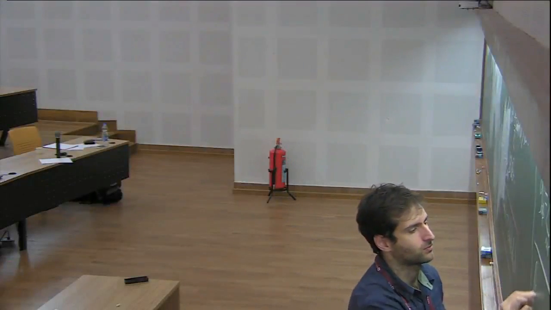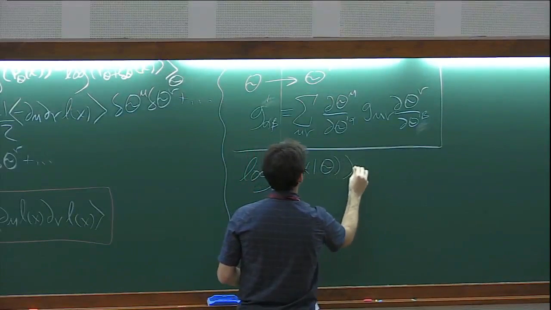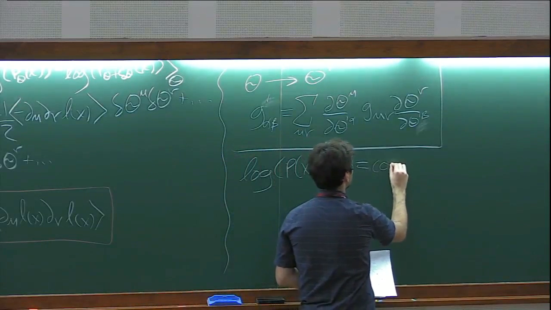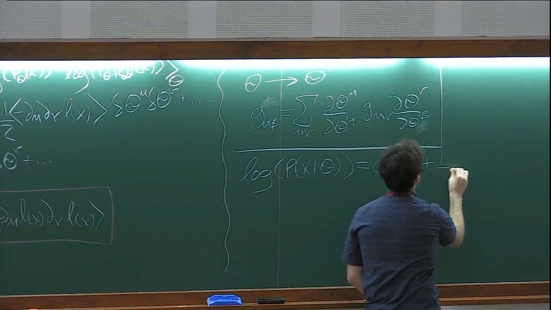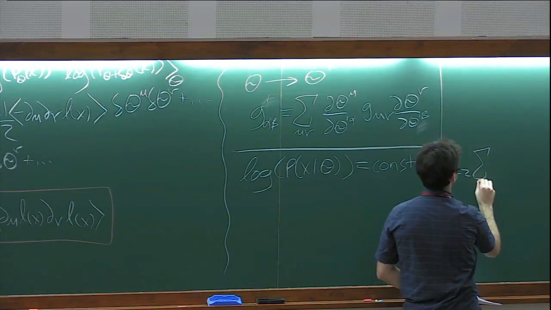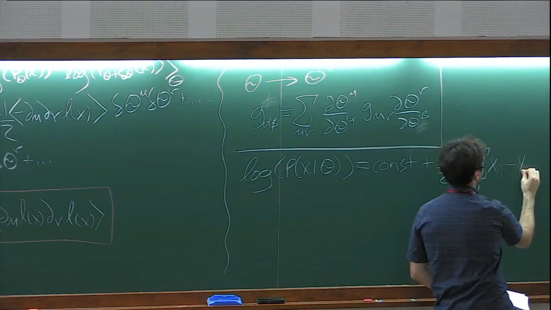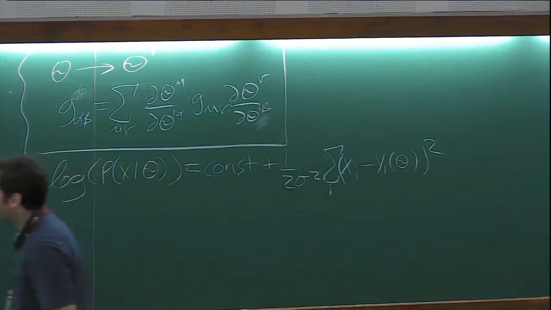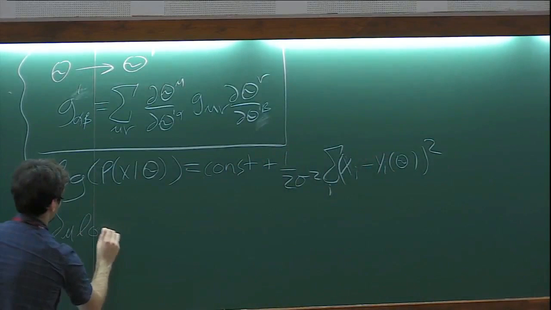So log p of x given theta is going to be some constant plus 1 over 2 sigma squared sum over i of xi minus yi of theta squared. This is getting small.